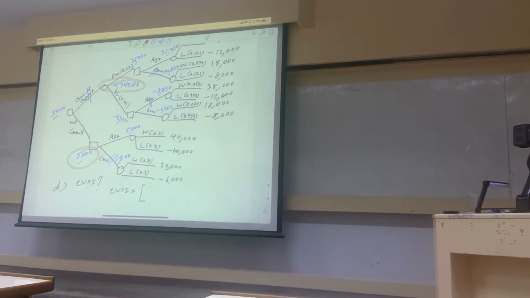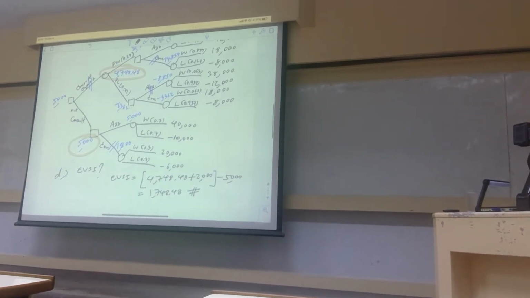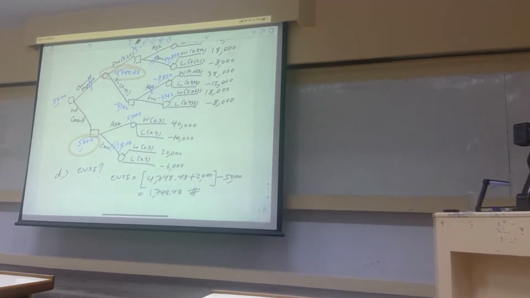So this case is going to be 4748 add back 2,000 minus 5,000. So we're going to have 1,748. This is the value of EVSI, or the answer for question D.